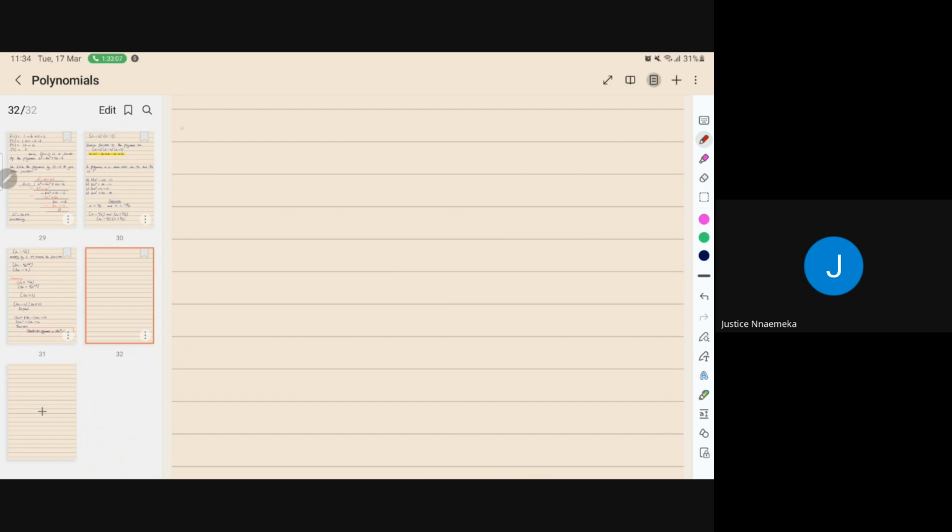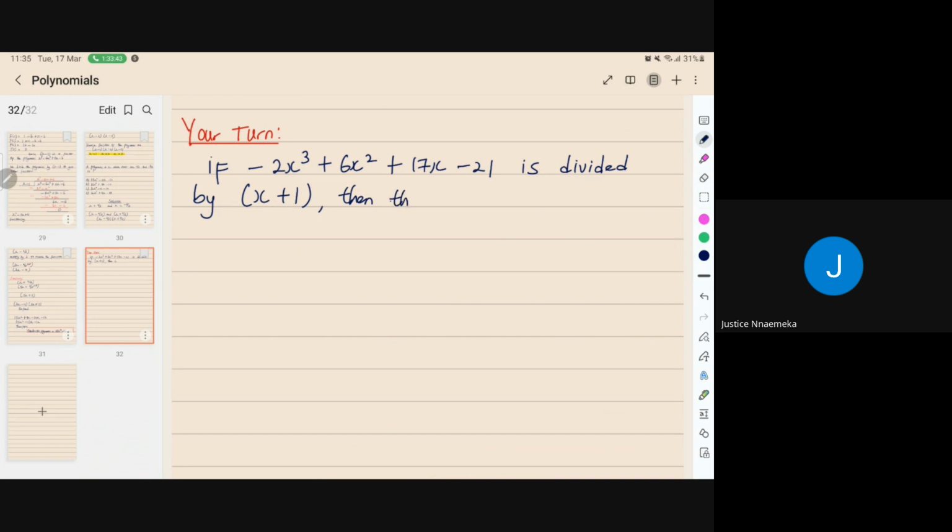Let me be sure everything has entered if I move to difference of two squares. Guys, that's minus 21. Yes, minus 21.